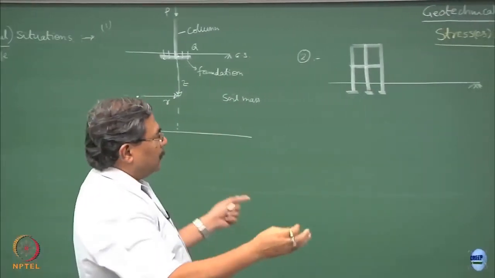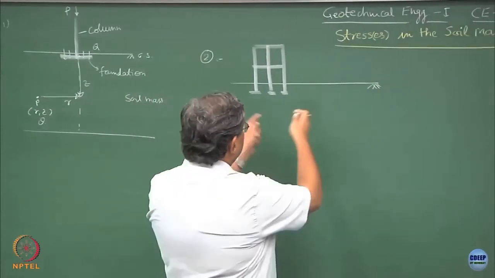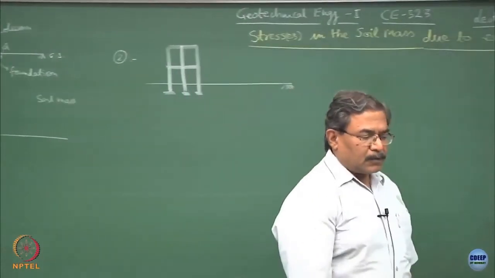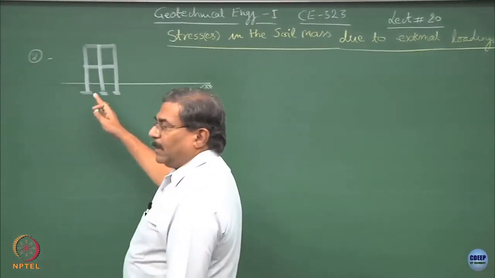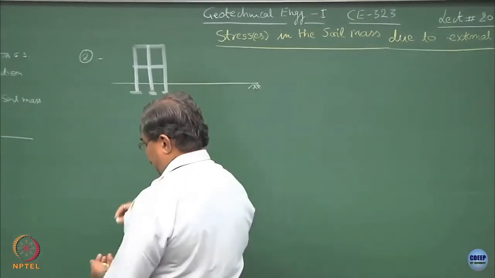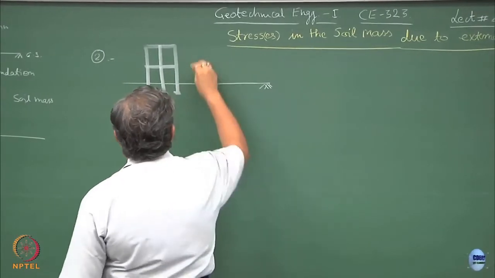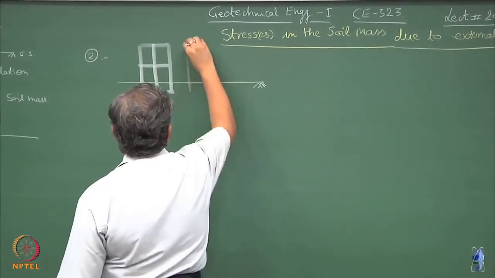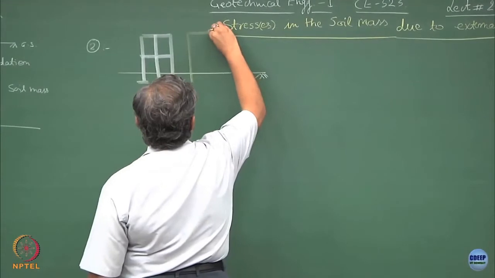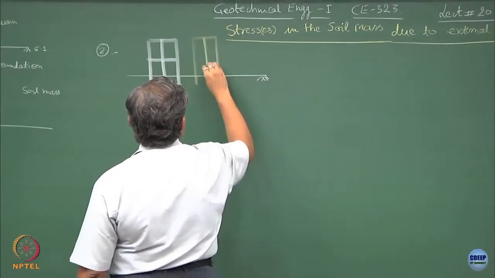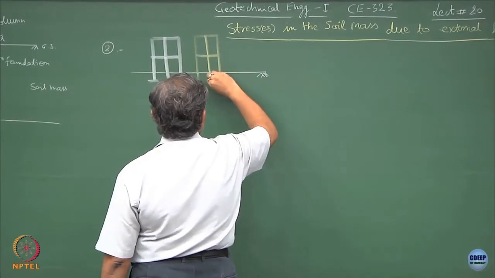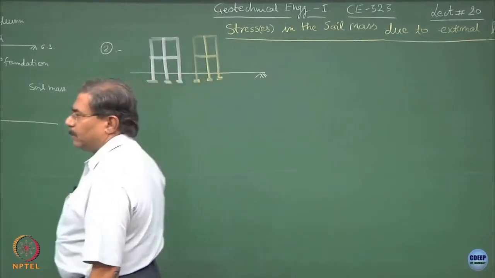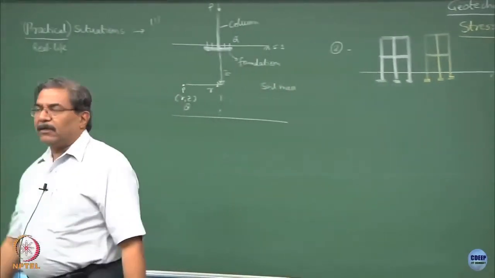So you can't afford higher spacings between the buildings. Suppose I ask you a question: what should be the safe distance at which I should be designing or constructing another building? Remember, space is extremely important, very expensive, alright. So this is the building which is sitting on the foundation system.